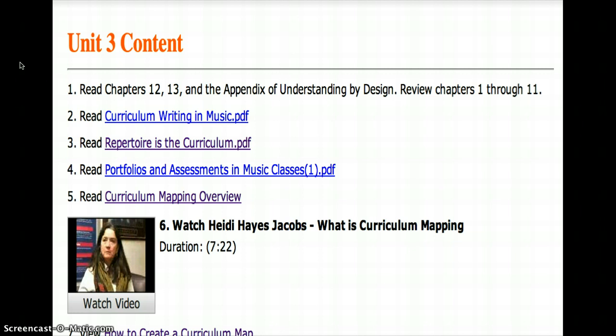Next, you'll read an article about music curriculum construction by Colleen Conway, and one of the articles Conway cites, which is called Repertoire is the Curriculum by Robert Reynolds. You'll follow this up with a look at portfolio assessment in music settings. You read about this briefly in the Jacobs at the beginning in our introductory unit.